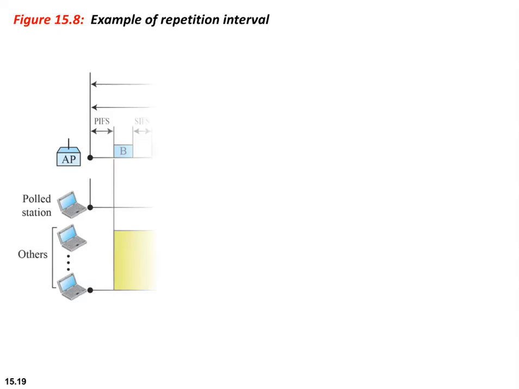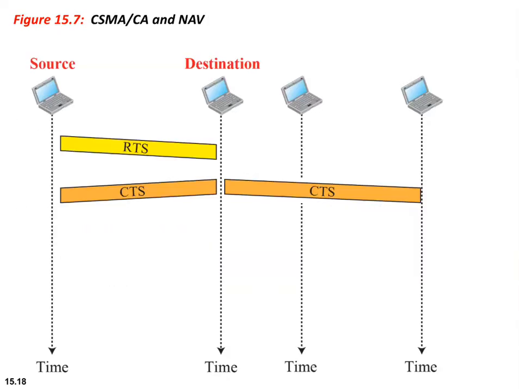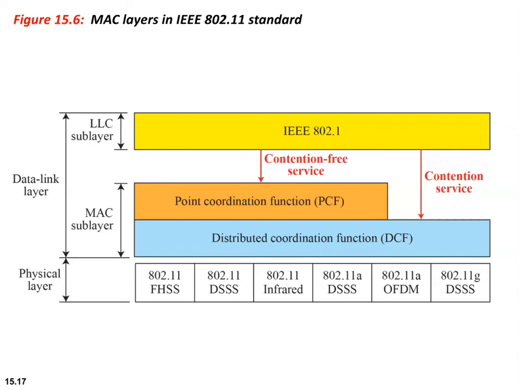Next is the point coordination function. After the distributed coordination function comes the point coordination function, which is PCF, which is used mostly for time sensitive transmission. This is a centralized contention-free polling access method.